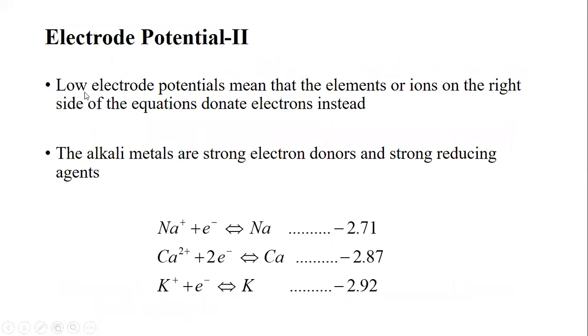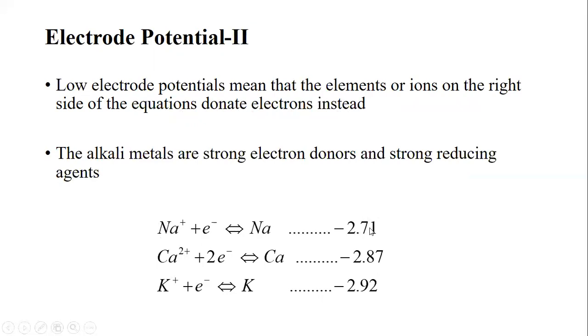Now, if we have low electrode potentials, this is the opposite of what we have seen, it means that the elements or ions on the right side of the equation donate electrons instead. So we'll talk about sodium, calcium, potassium. Earlier we saw positive, high electrode potential.